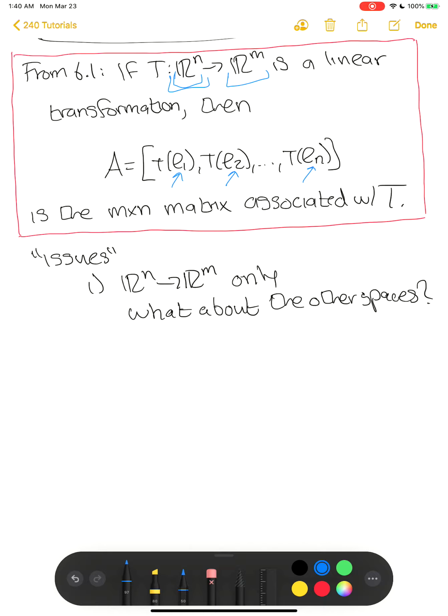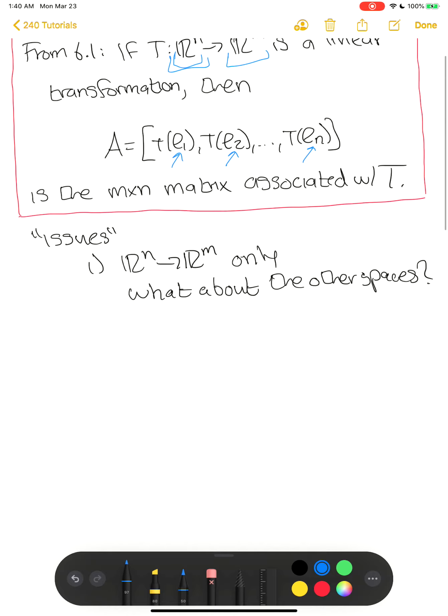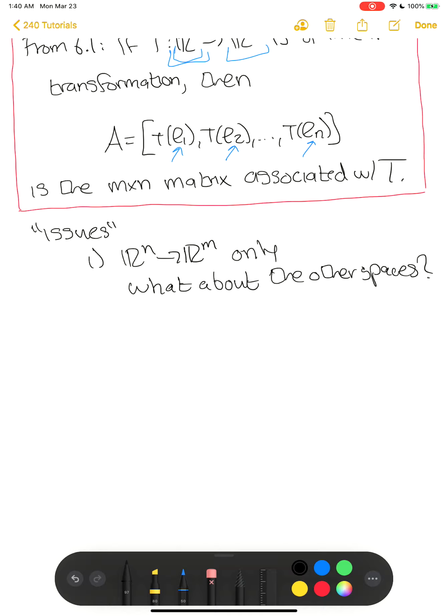What if it's not? What if they give you a completely random basis that's not standard? Then this definition just falls apart. So that's our second issue here: we're only given a definition in terms of a standard basis, which is kind of bothersome.